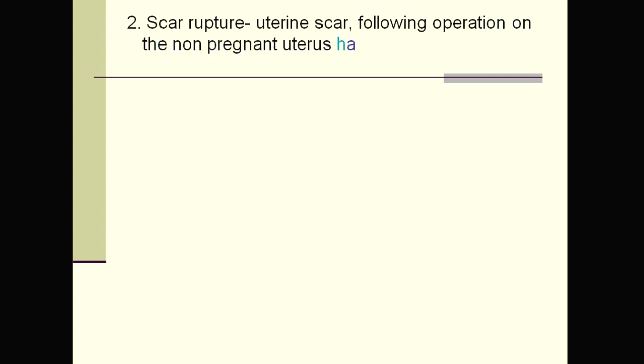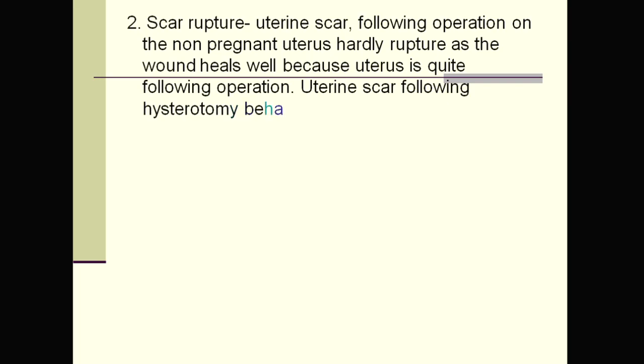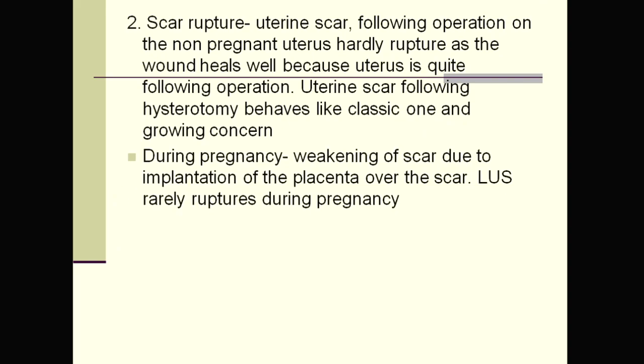Second type is scar rupture. A uterine scar following operation on a non-pregnant uterus hardly ruptures, as the wound heals well. But a uterine scar following hysterectomy behaves like a classical one, and it is the one which gives concern, because surgery on a non-pregnant uterus may heal properly, but a hysterotomy scar behaves like a classical one.